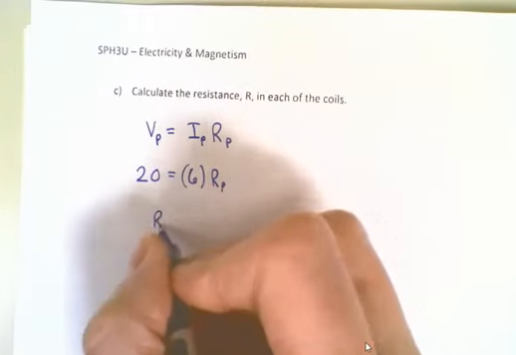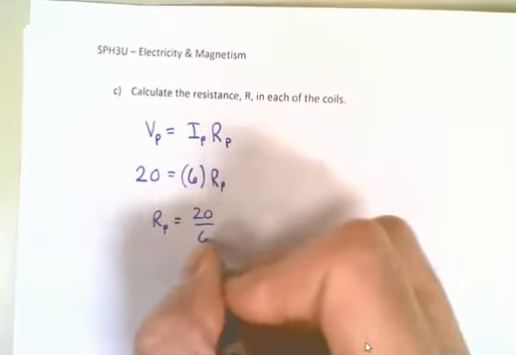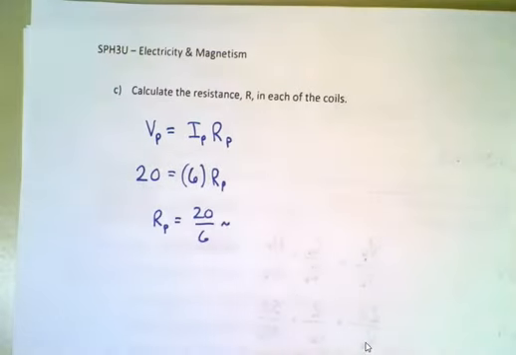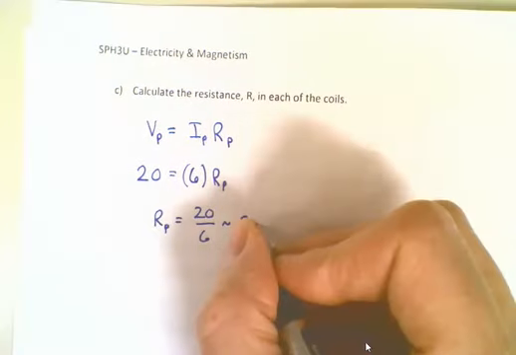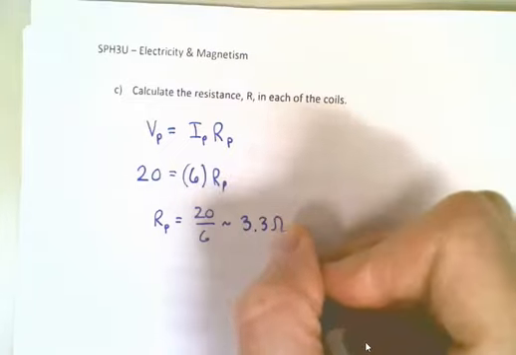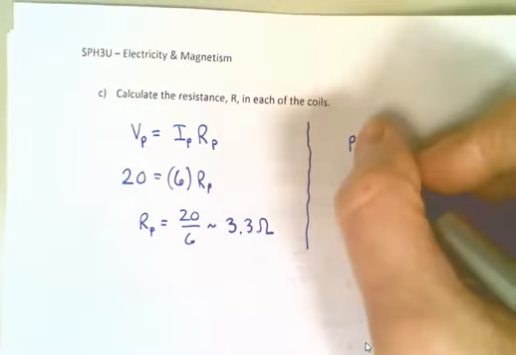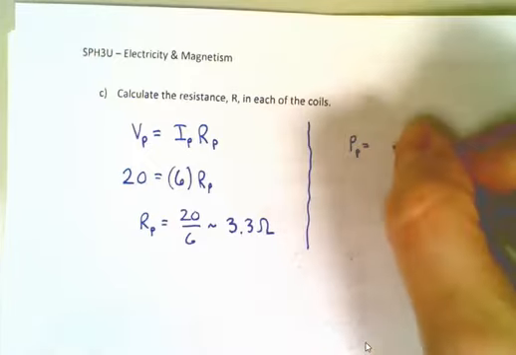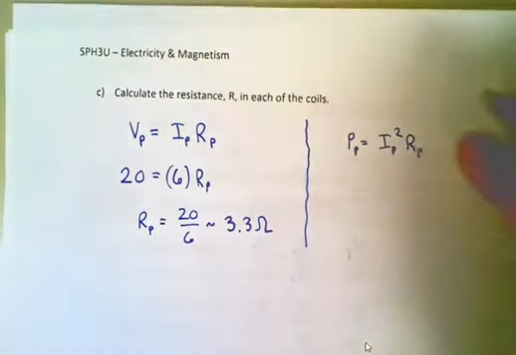So RP is 20 over 6, which is approximately 3.3 ohms.